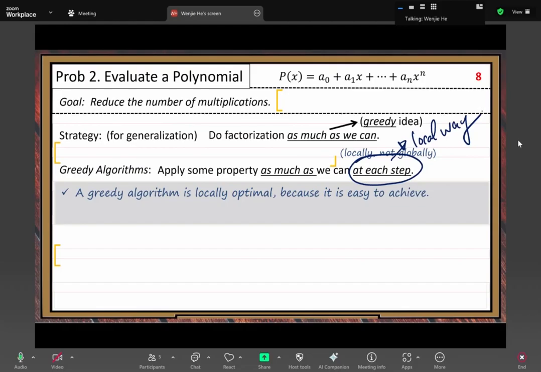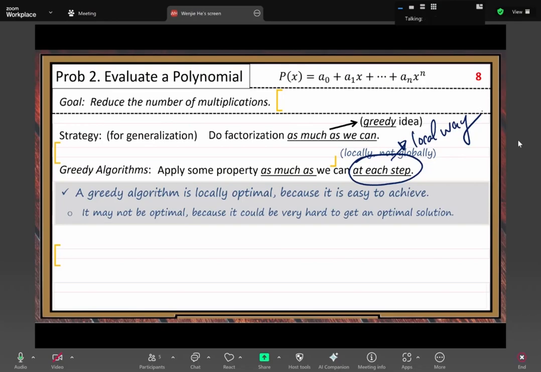Because you didn't do it globally, the greedy algorithm is just locally optimal, easy to achieve, but it may not be globally optimal. That's the potential problem.